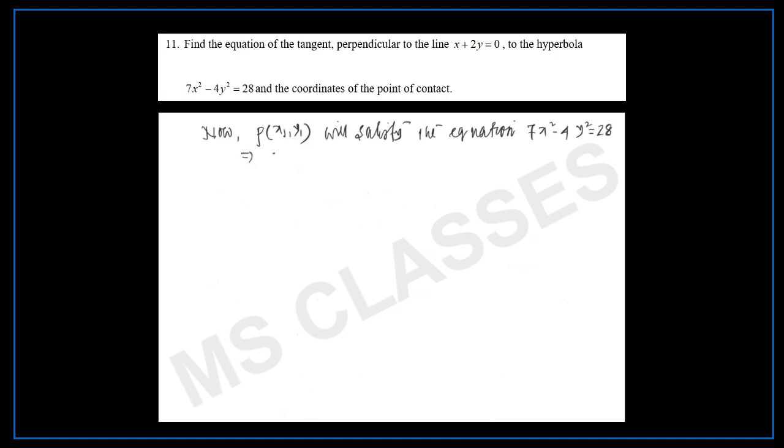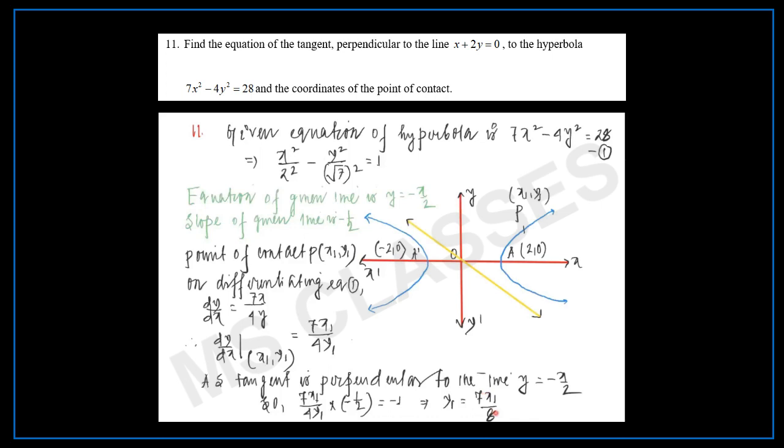This implies 7x1 squared minus 4y1 squared equal to 28. Now, just now what we have got, that y1 equal to 7x1 by 8. Now this we can mark as equation 2.